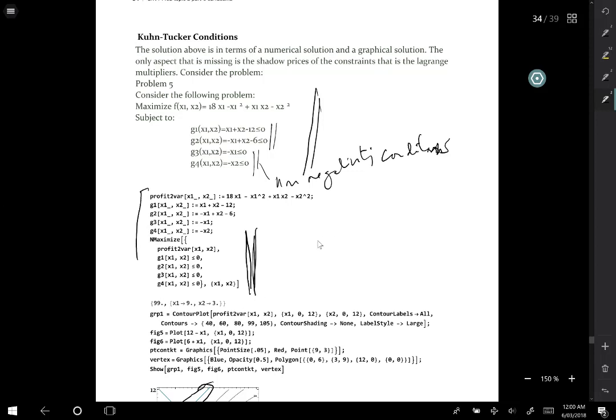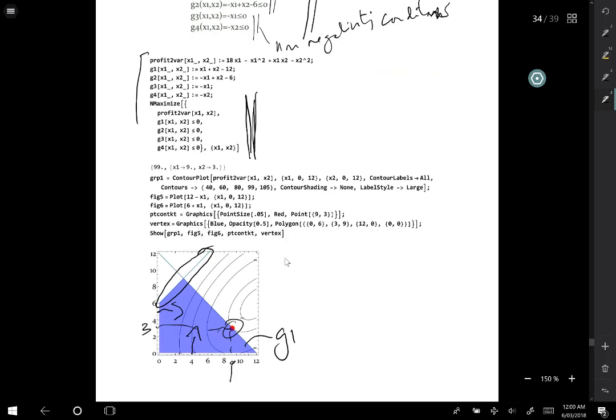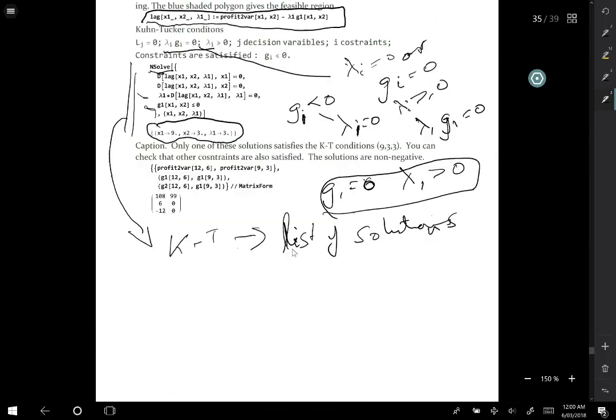Although you've got to be careful with this command, because sometimes it can give you the wrong solution or no solution at all.